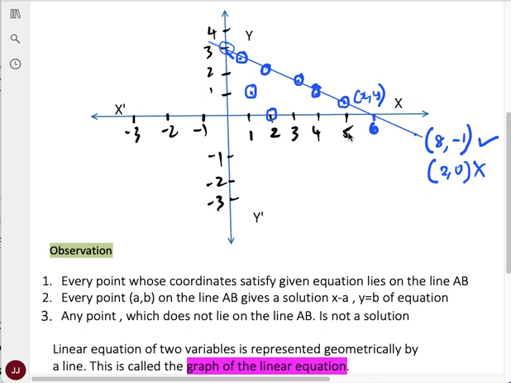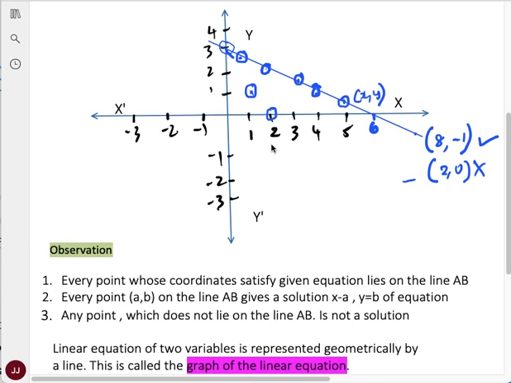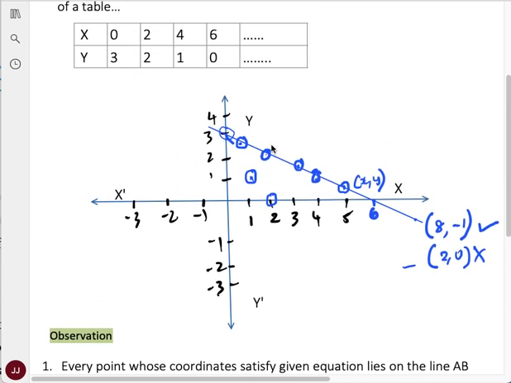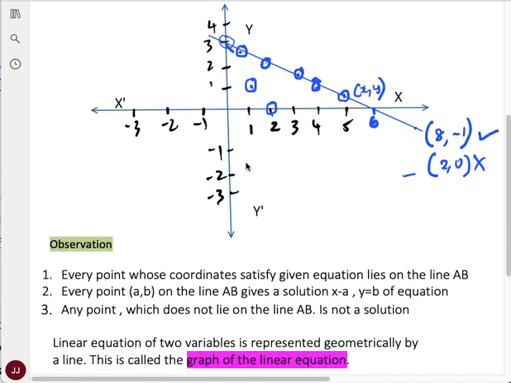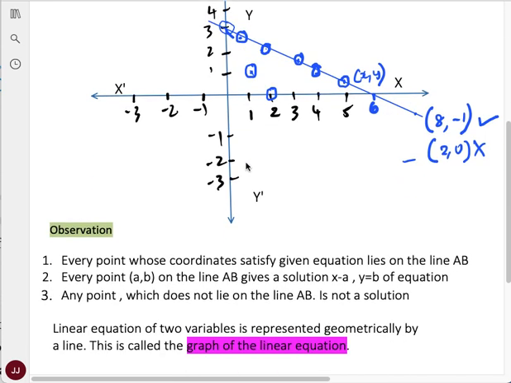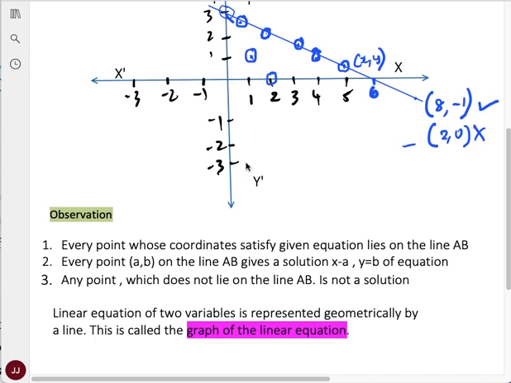Any point which does not lie on the line is not a solution. Obviously, we have taken an example 2 comma 0, and it's not lying on the line, and when we put 2 comma 0 into our equation, it becomes 2 plus 0 is equal to 6, which is obviously not right. So any point which does not lie on the line AB is not a solution.